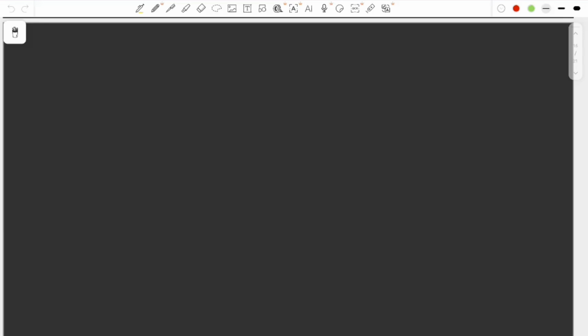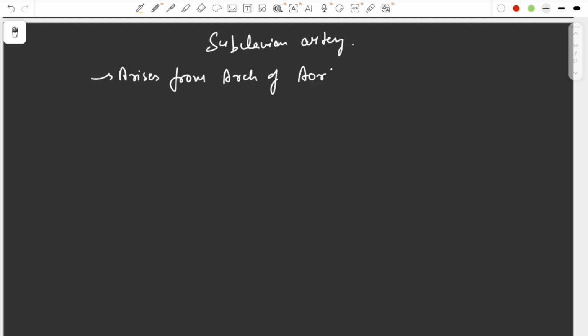Okay, so we'll talk about the subclavian artery. The subclavian artery arises from the arch of aorta.